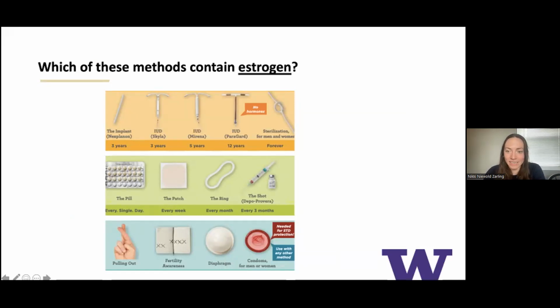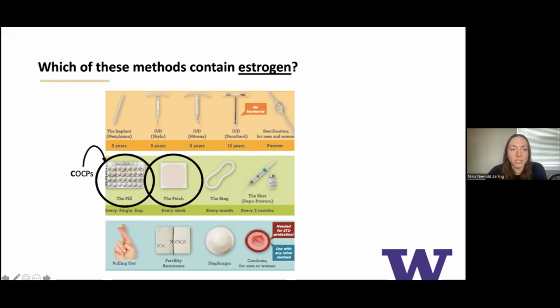There's 3 in this group. So the pill, especially the combined oral contraceptives. You also have progestin-only pills or POPs. The patch contains estrogen. And then it's a good reminder that the ring, the NuvaRing, also contains estrogen.